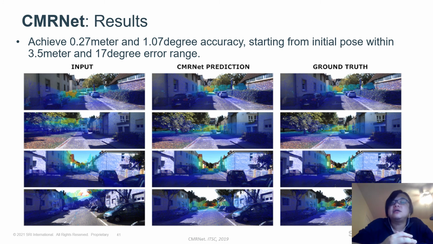These are the entire pose accuracy, covering both 3D location and 3D orientation. Here are also some visualizations of their examples. We can see that the predicted pose, the final alignment pose, used to project the LiDAR point cloud to the 2D image is pretty close compared to the ground truth.